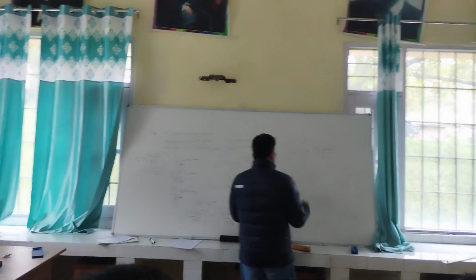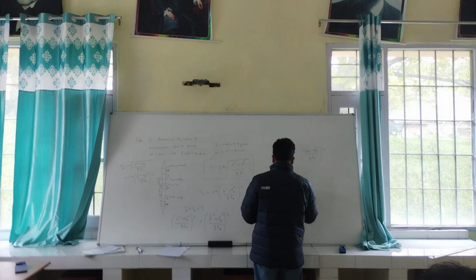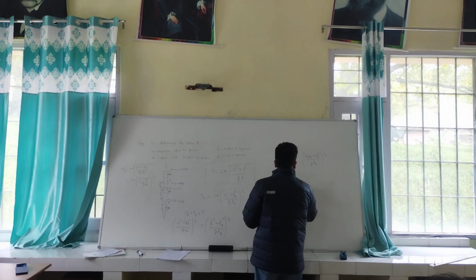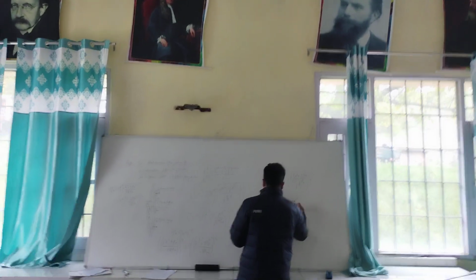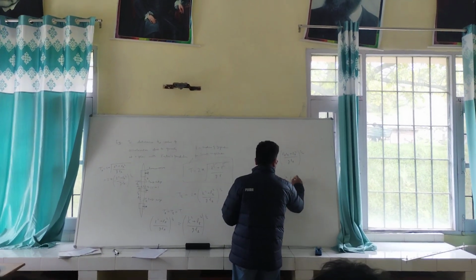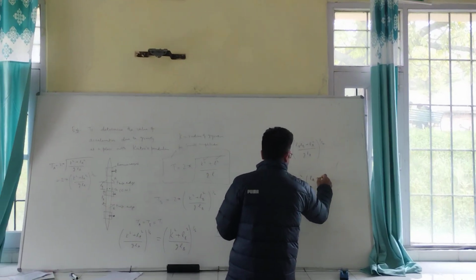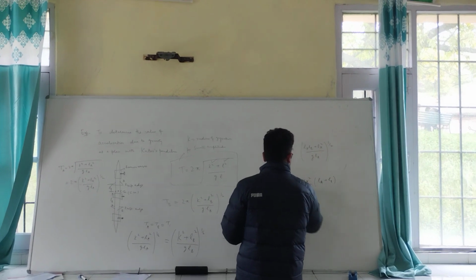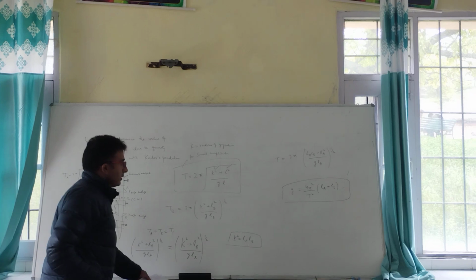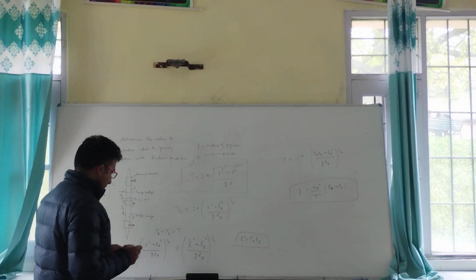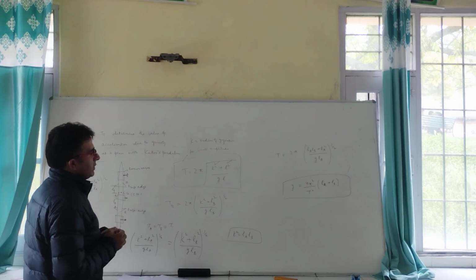Then you solve it. When you solve it for g, you will get 4 pi square by T square times LA plus LB. 4 pi square by T square times LA plus LB.